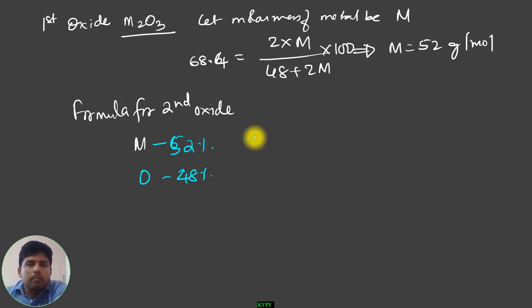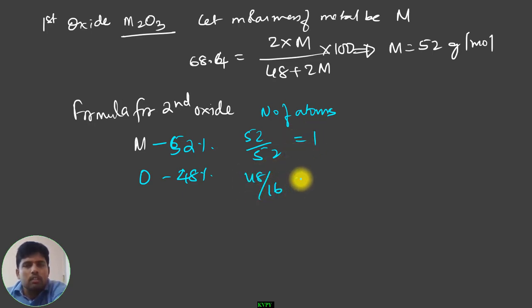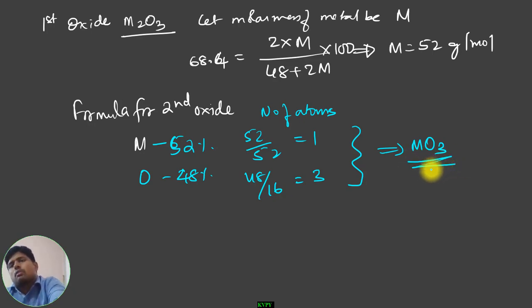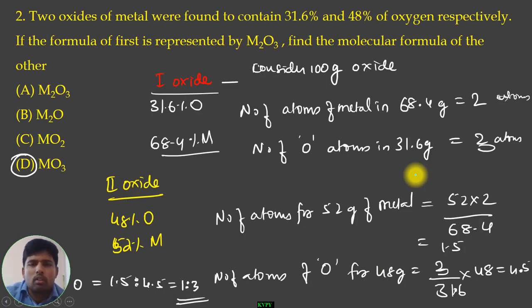In 100 gram, 52 gram will be M only, so the number of atoms is equal to 1. 48 by 16 is 3. So it's very easy. You get MO3, which itself will be the molecular formula. So that's how you can calculate using the mole concept also. This seems more appealing than the previous one, because the previous one involves a lot of logic. Let us move on to the next question.